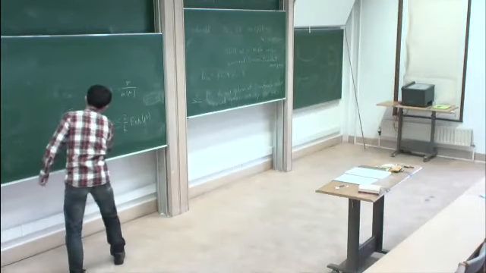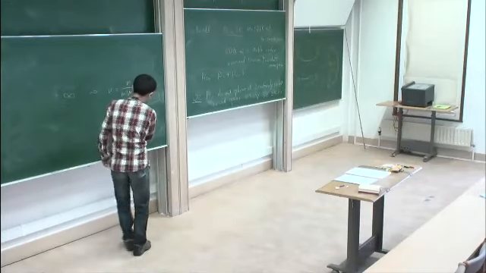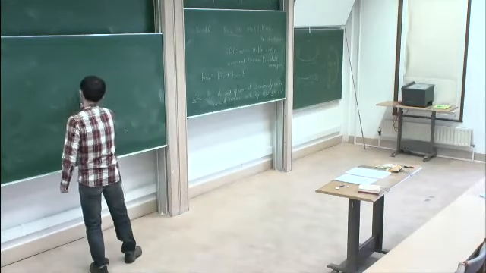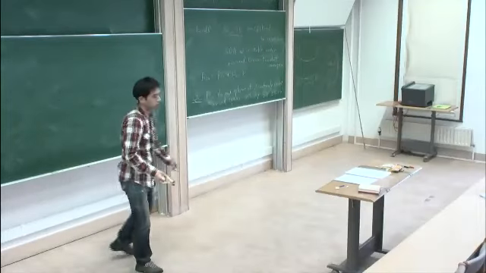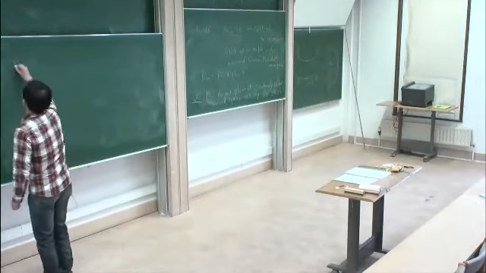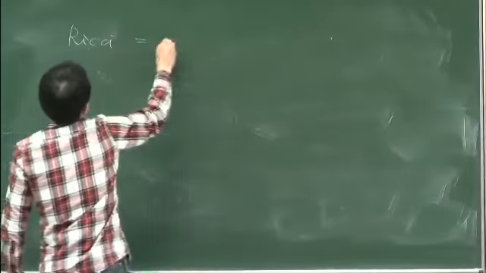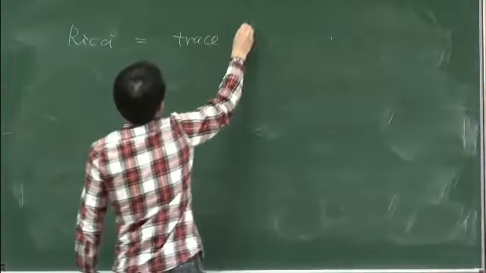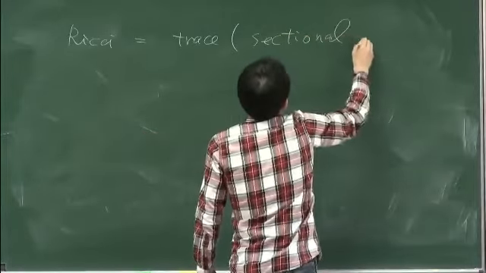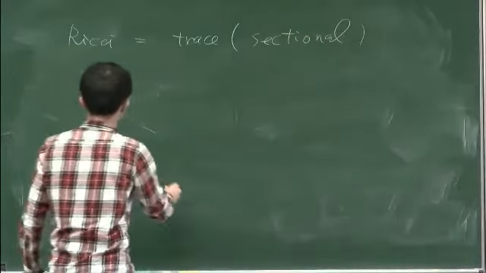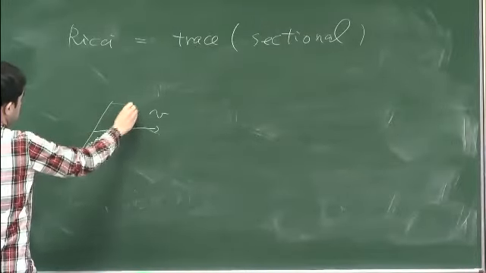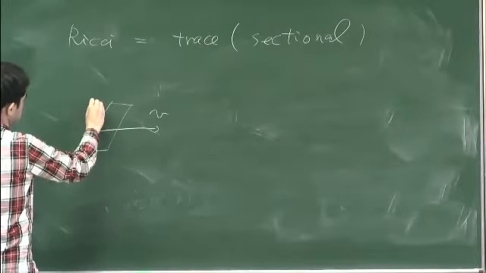Because the Ricci curvature is the trace of sectional curvature, and the sectional curvature is the product of principal curvatures. So Ricci is the trace of sectional curvature. So the curvature of this vector is the sum of sectional curvatures of these kinds of planes.